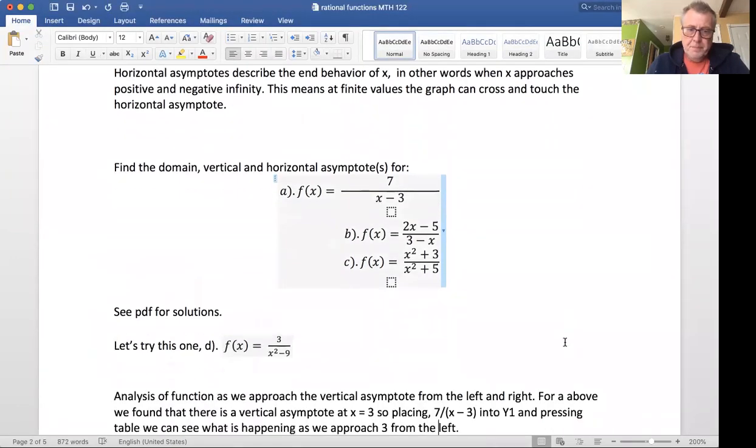For the domain, we have 3 over x squared minus 9. I'll factor x squared minus 9 as x plus 3, x minus 3, and set it equal to 0. That means I have a domain of x equals everything except when x is equal to 3 and x is equal to minus 3.